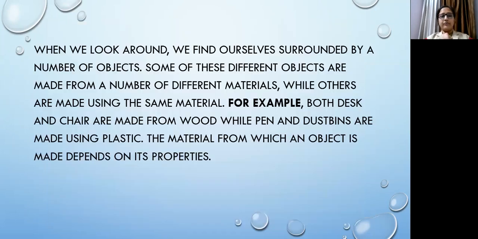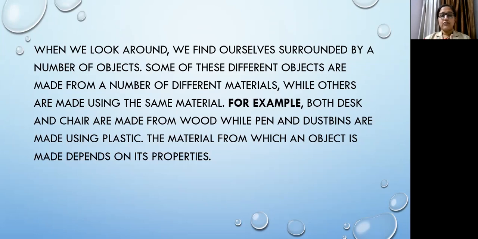When we look around, we find ourselves surrounded by a number of objects. Some of these different objects are made from a number of different materials, while others are made using the same material. For example, both desk and chair are made from wood, while pen and dustbins are made using plastic.